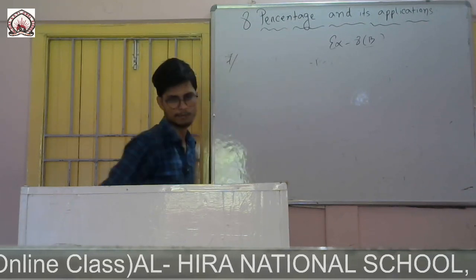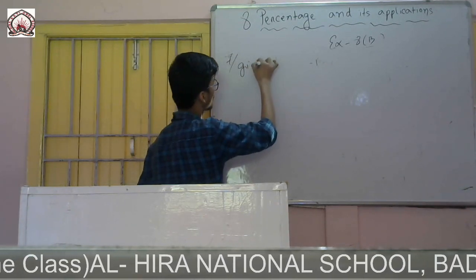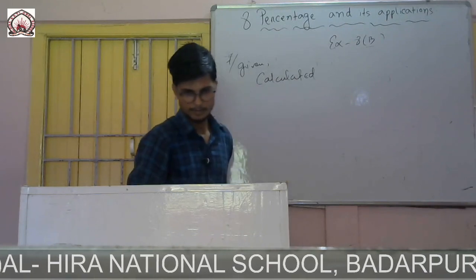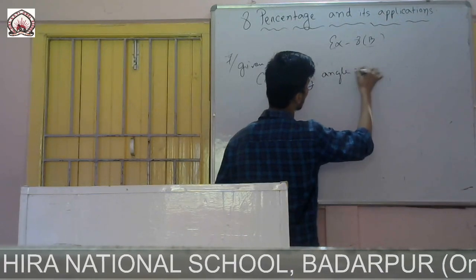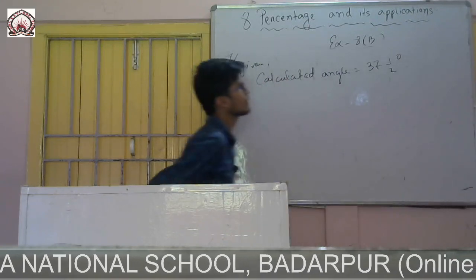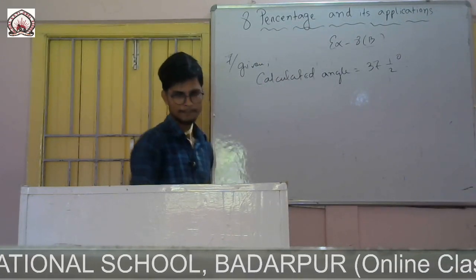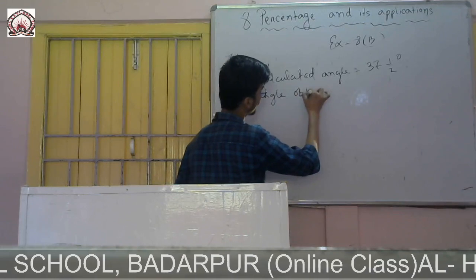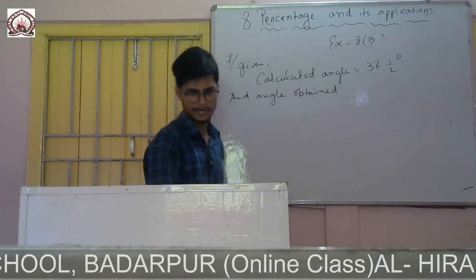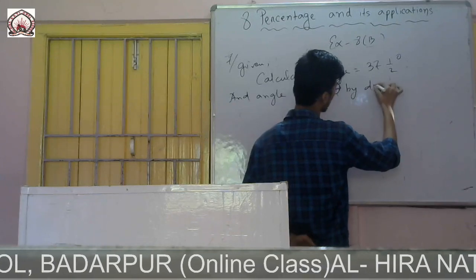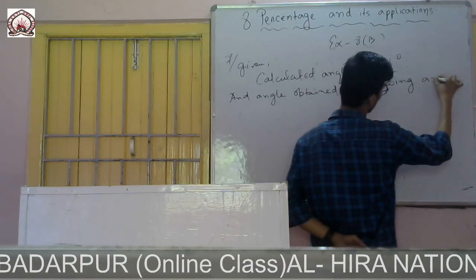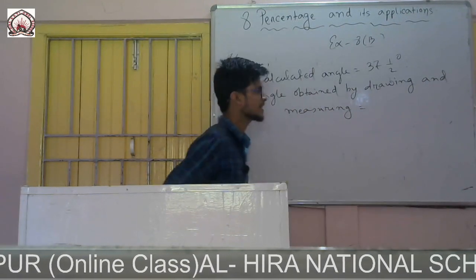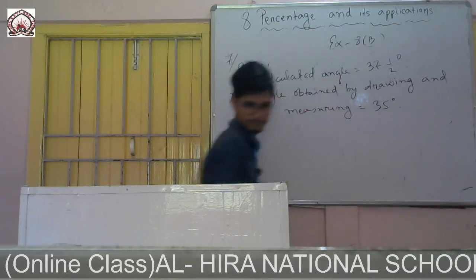Question number 7, you see, given: the calculated angle is 37.5 degrees. And the given angle obtained by drawing and measuring was 35.